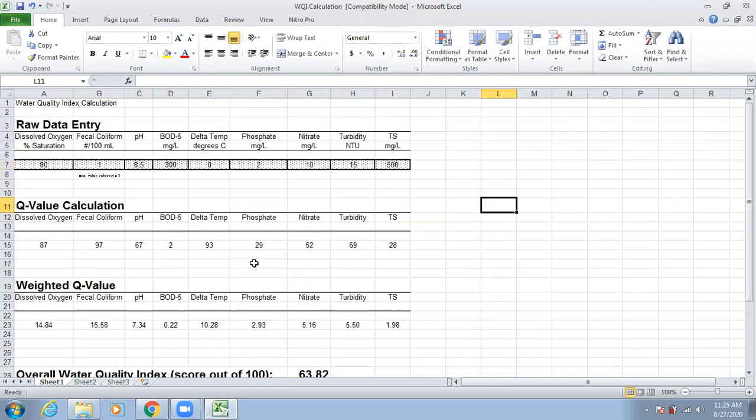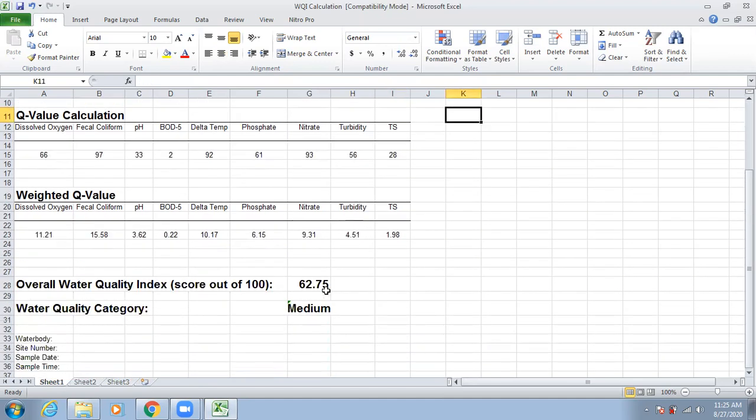Now I am going to change pH to about 9.5. Saturation is about 65%, and BOD is 350, and there is no change in temperature. Suppose sometimes it is 0.5, and phosphate is, no, this is 0.3, and nitrate is 0.2. Turbidity is 25, and this is 500. So you can see the water quality has already changed, that is 62.75.